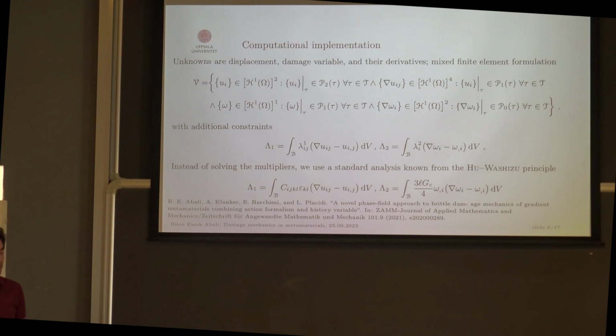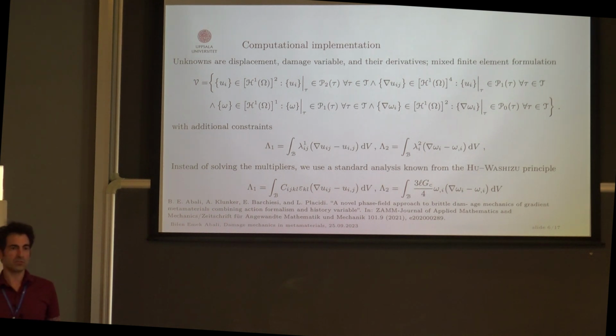I'm replacing them with something which is okay from the unit, and the same trick I can use also for the damage. So I'm not calculating the Lagrange multipliers, but enforcing this additional constraint. You can maybe find a commercial program and then try to implement all of that, but it's tough.